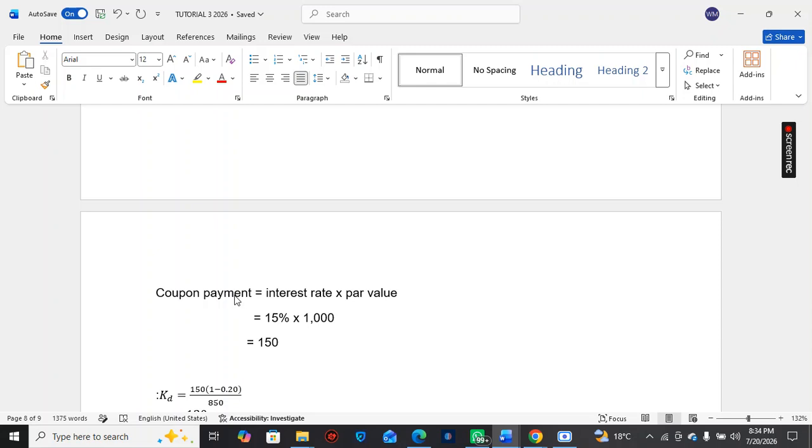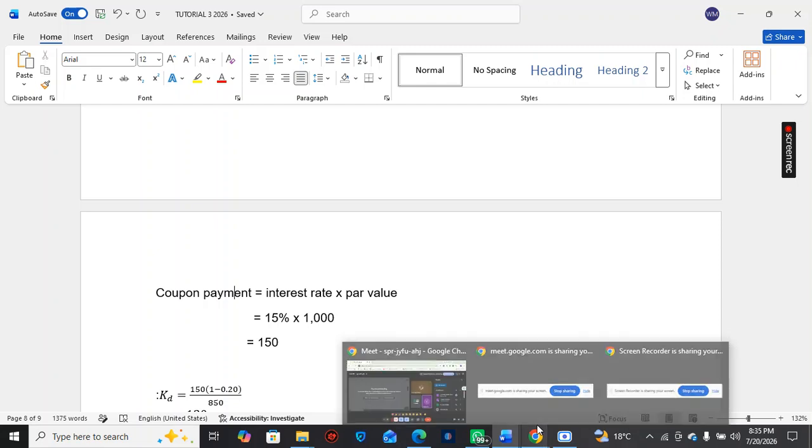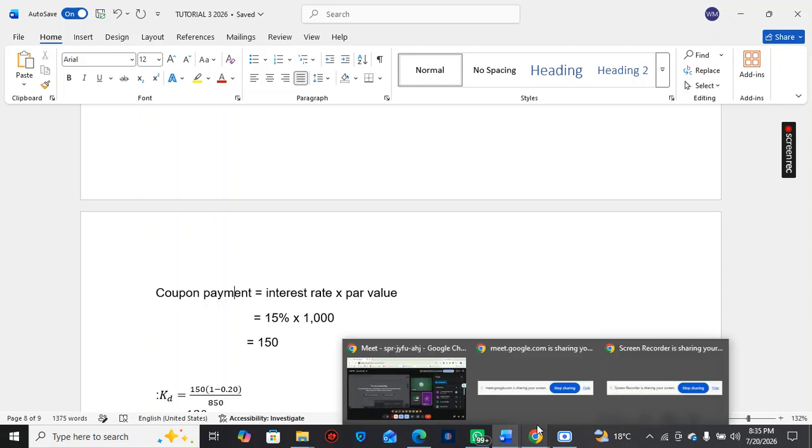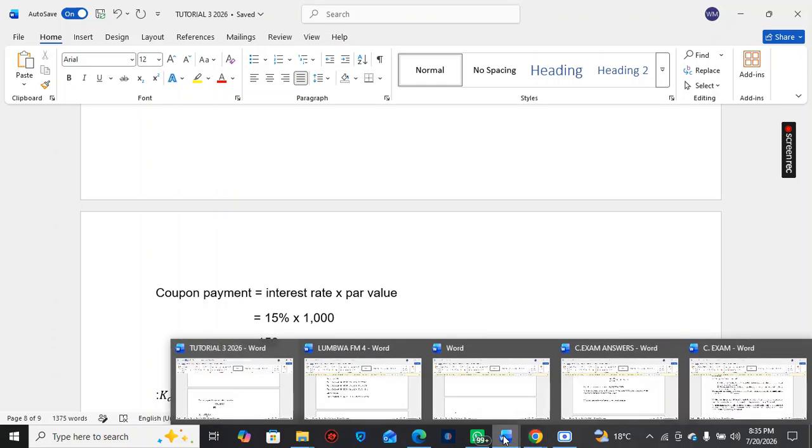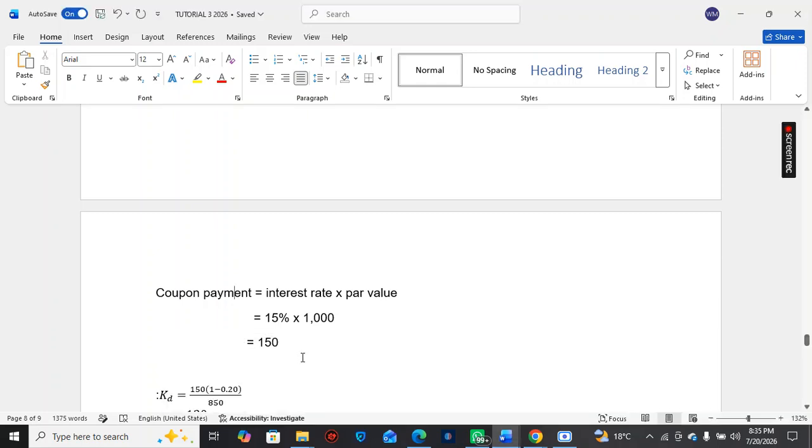Par value, nominal value, face value. Yes. So what does this mean, colleagues? Wonderful. The amount you get when the bond matures.